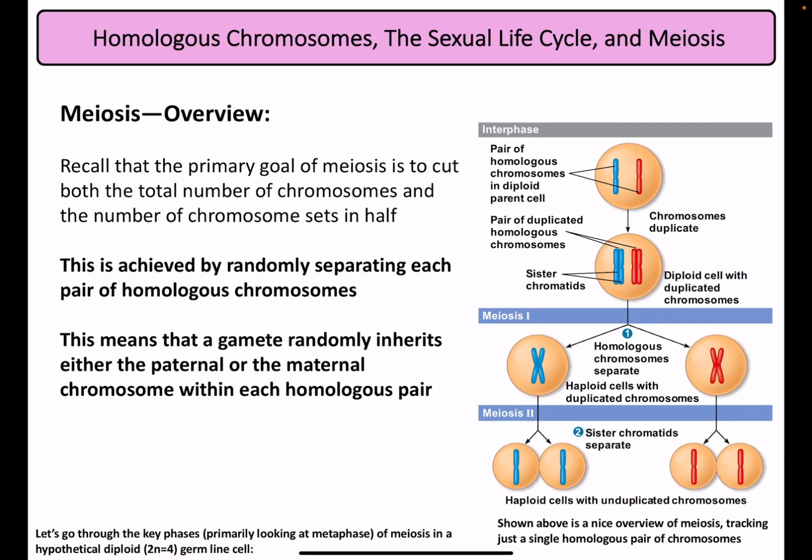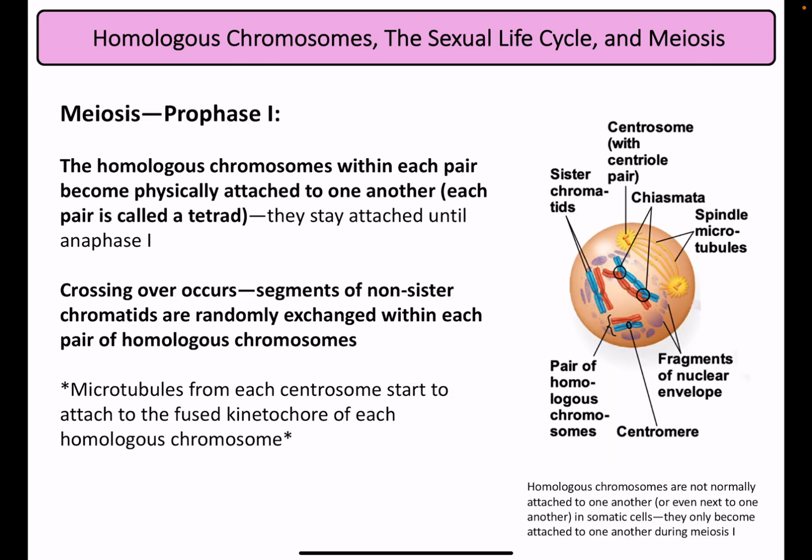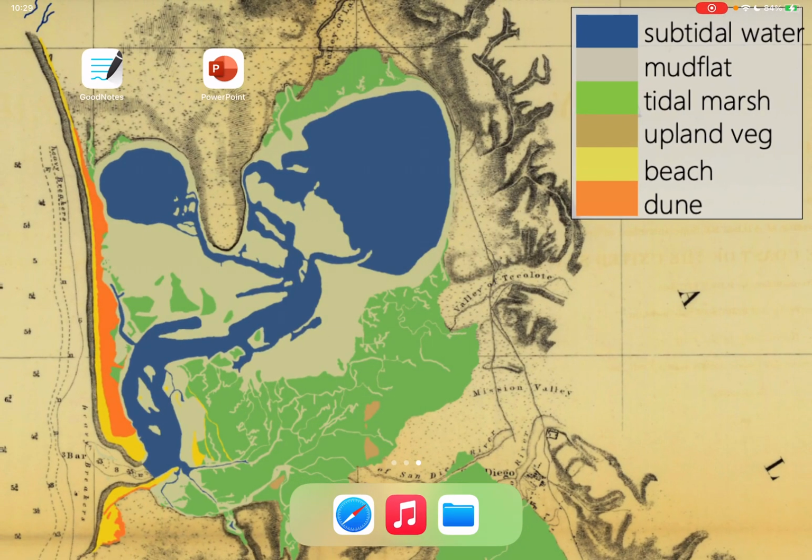I'm going to keep jumping back and forth between the slides and my drawings. Nothing new here, I've already said this. And now we're ready for prophase of meiosis 1.